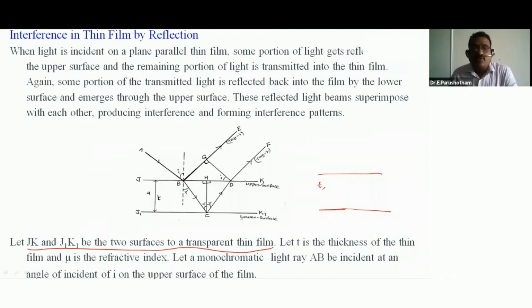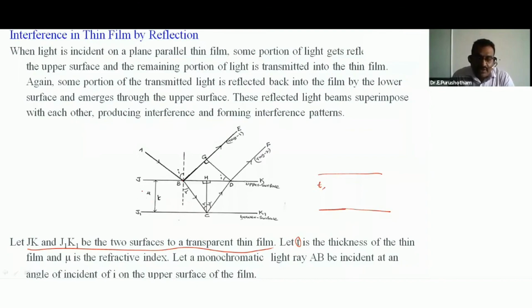You can write in your own words: JK is the upper surface, J1K1 is the lower surface of the thin film. Let small t be the thickness of this thin film.